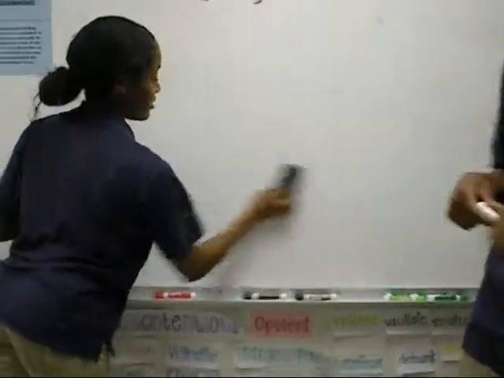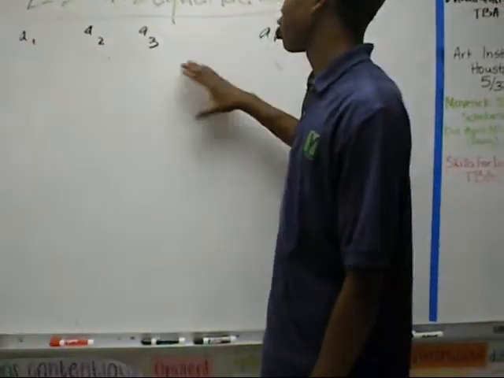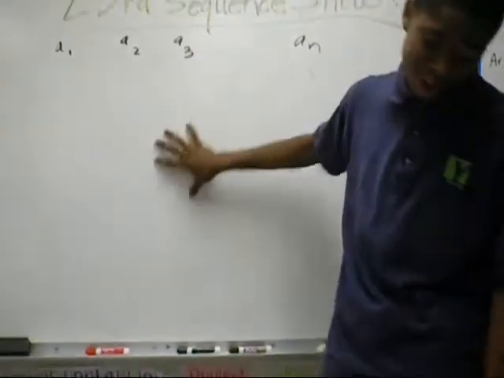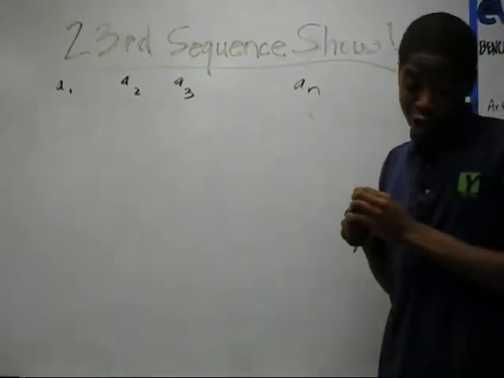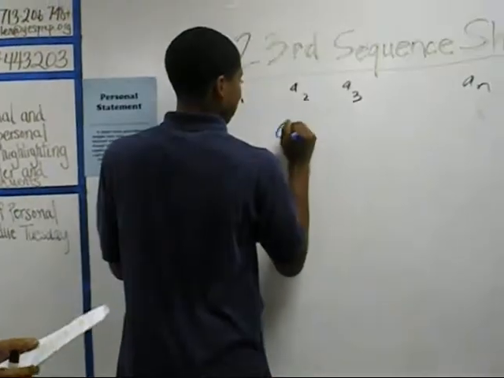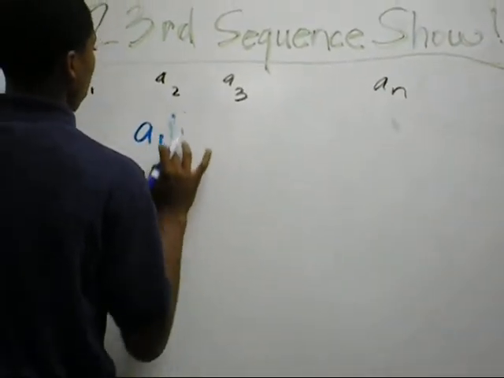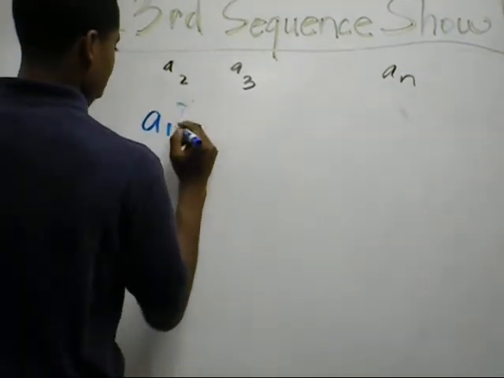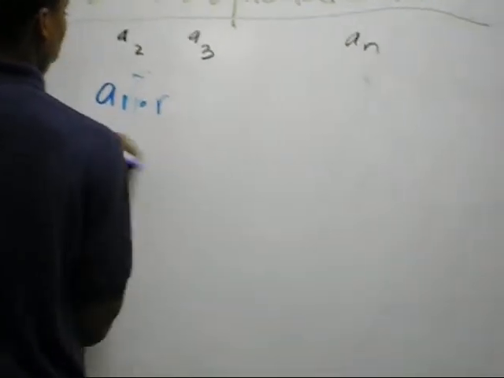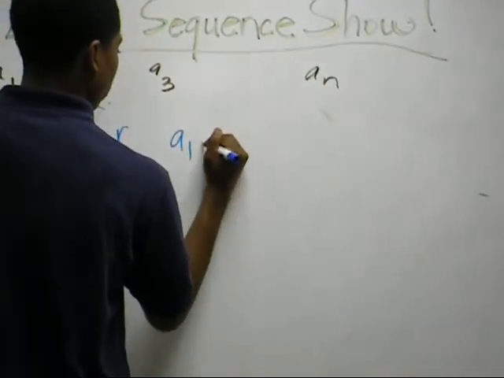Let's move on to finding the general expression for a geometric sequence. The general expression is A1, then A1 times R. The next one is A1 times R squared.